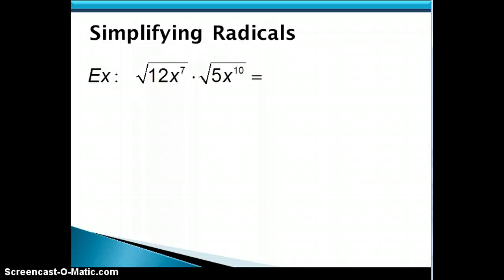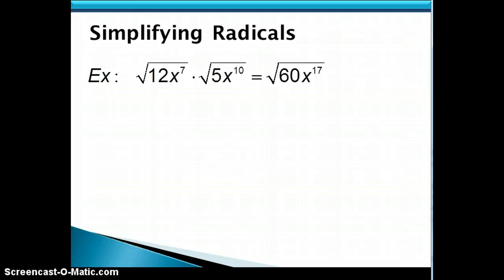Here's another example where this time we have two radicals multiplied together. The first thing we want to do is apply the product rule to combine those into a single square root, and then we multiply the 12 times 5 to get 60, and the x to the 7th times x to the 10th. Remember, you add the exponents, so that would be x to the 17th.